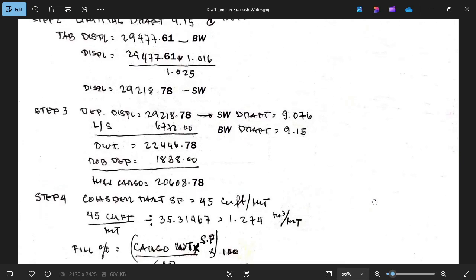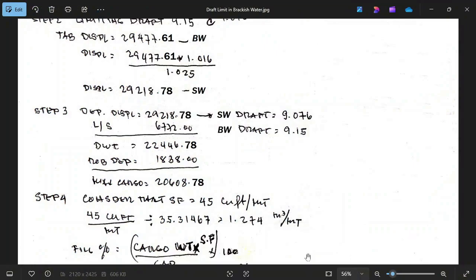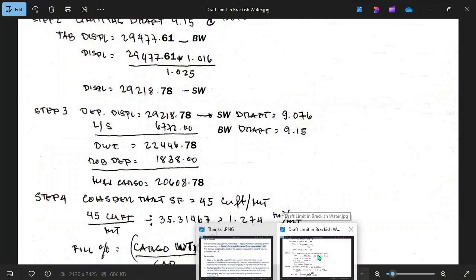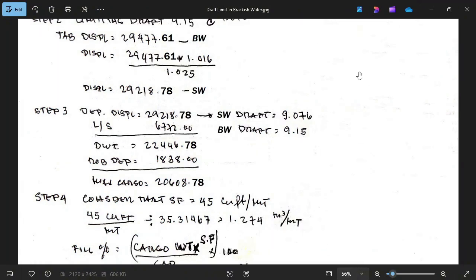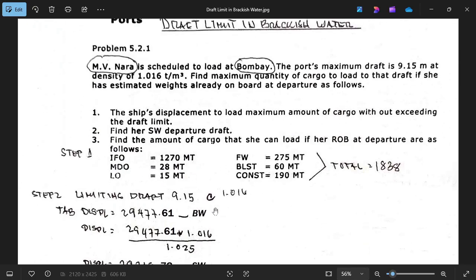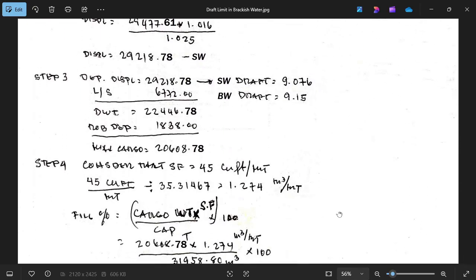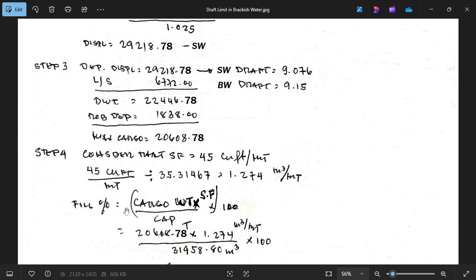And the question is, I'm sorry, find. Okay, now the reason why, because we want to know how much percentage 20608.78 is of the total cargo when we load in the vessel.